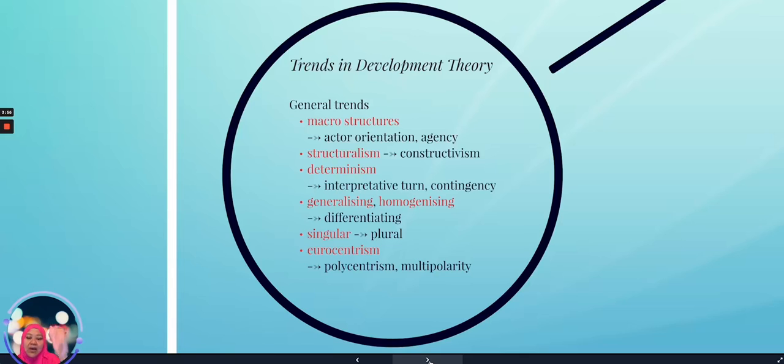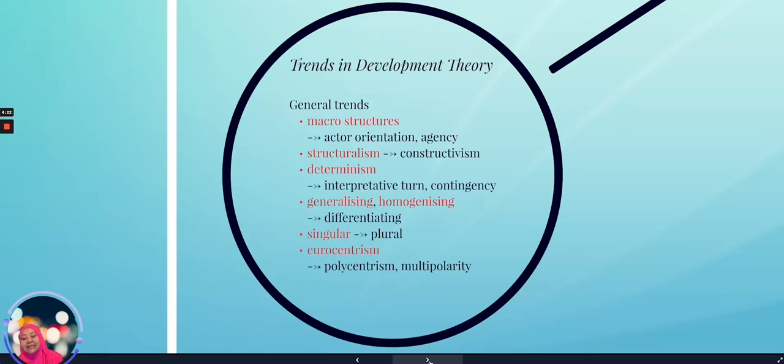So we have actor orientation, agency, we have constructivism, we have interpretative turn or contingency, we have differentiating, and we have plural for singular. Last but not least, we have polycentrism or multipolarity.